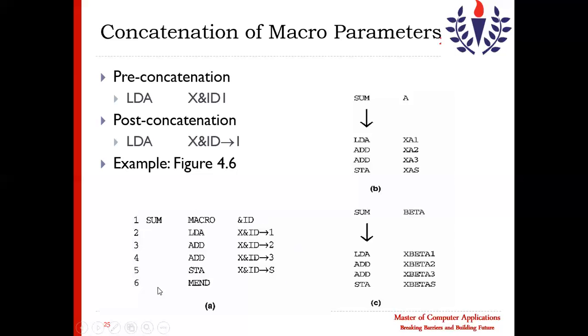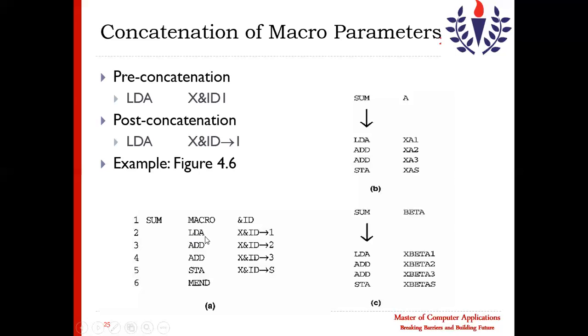Later on, the same code will be used here, like beta will be passed to this same macro, and instead of id, now beta will occur, like x beta 1, x beta 2, x beta 3, and x beta s. So here again beta will get connected with x1, x2, x3, xs, the already defined string.